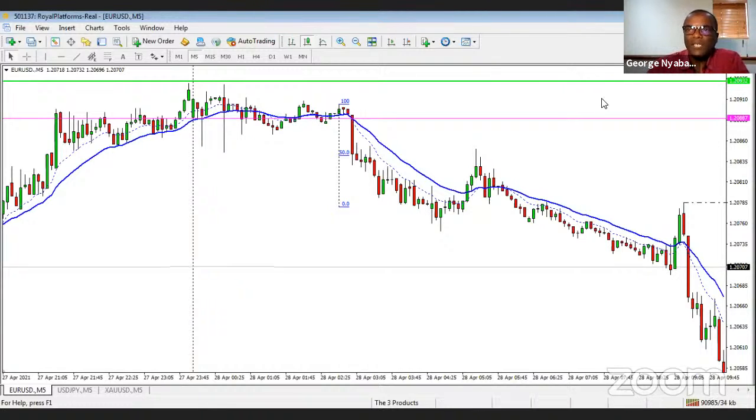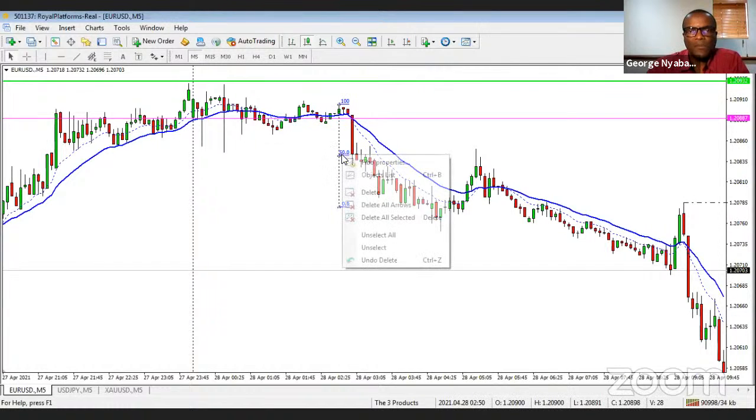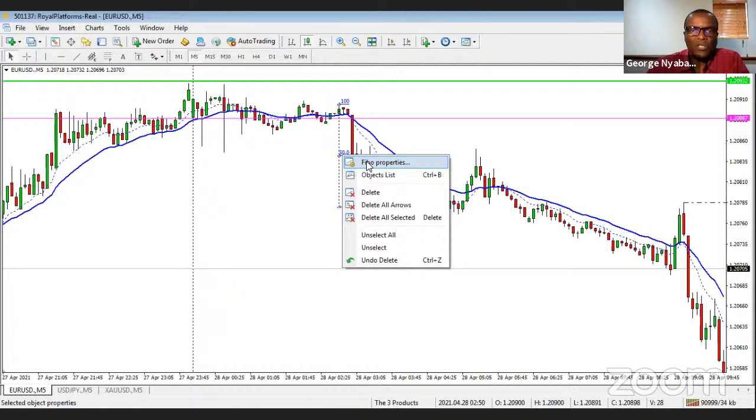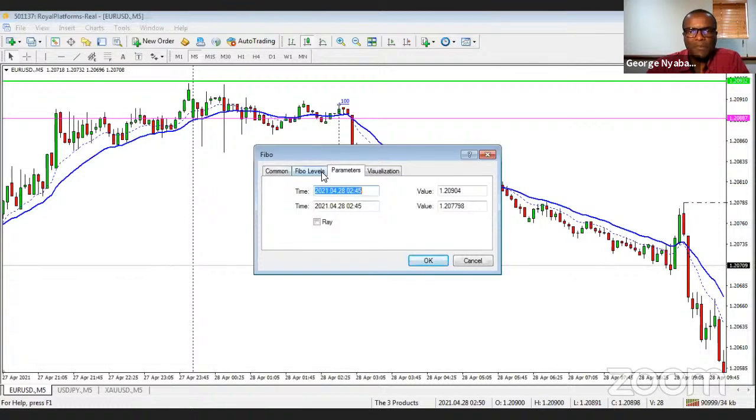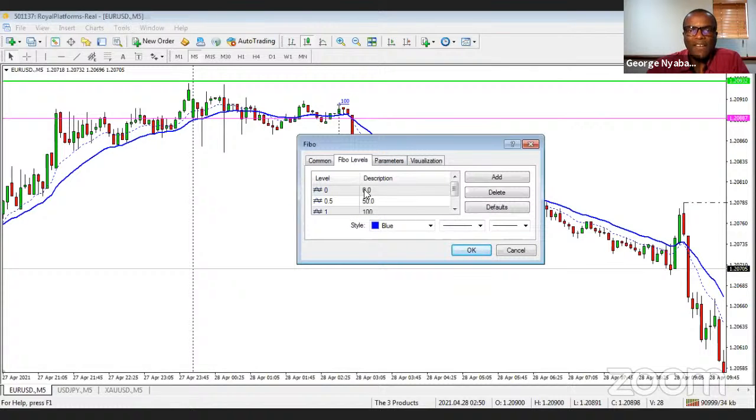Let me just have a look at the question that's popped up. How do you create your three-level fib? Let me show you quickly. I'm just going to click on it. So it's a Fibonacci tool right here. Once you drag it onto your chart, double click on it, go to Fibo properties. On Fibo levels, all you need to have is 0, 50, and 100.